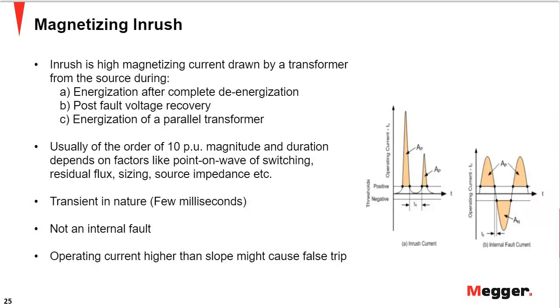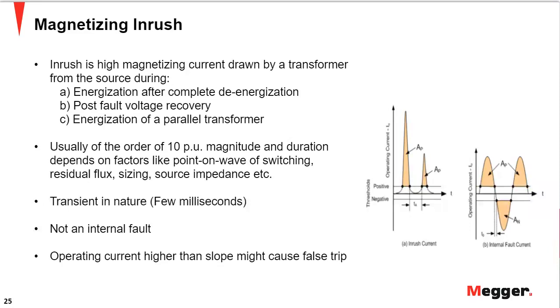So this current, like I said, is very high in magnitude. It could be in the order of 10 times or even 12 times your FLA, full load current. The duration of this is usually a few milliseconds, but it still depends on a lot of factors, like your transformer sizing, the residual flux in the core of the transformer, source impedance, and many other factors.